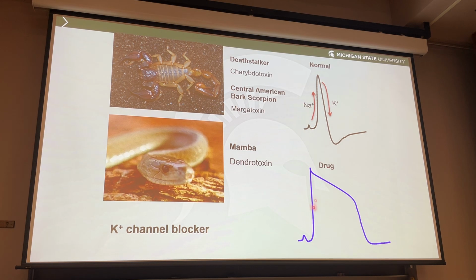You have a normally functioning sodium channel, but we blocked our potassium channel, and that delays the efflux of potassium, causing a delay in the repolarization of the charge within the cell. So, carbatoxin, margatoxin, dendrotoxin: potassium.